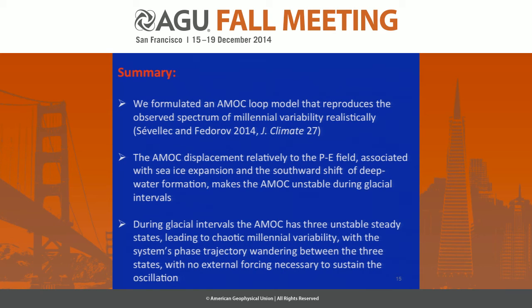The key parameter in the model that makes the system unstable is this southward shift of deep water formation associated with sea ice expansion, and it makes the AMOC unstable, but only during glacial intervals. And then the stability comes to these three unstable steady states, and the system basically wanders about those states, giving rise to chaotic millennial variability of the DO type. Thank you.